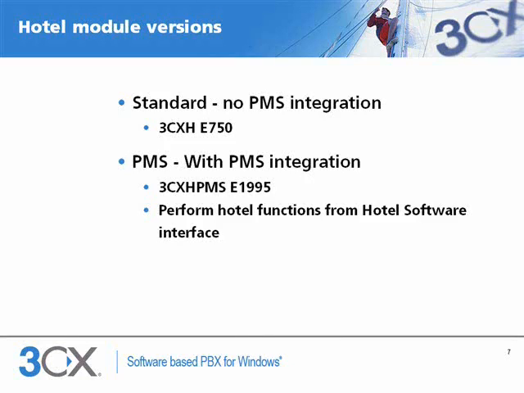In this case, both the web interface and the hotel software can be used to perform the hotel-related functions. For example, a check-in or check-out performed from the hotel software will automatically trigger the appropriate actions on 3CX phone system. The basic module is priced at €750, whereas the module with PMS integration is priced at €2,000.